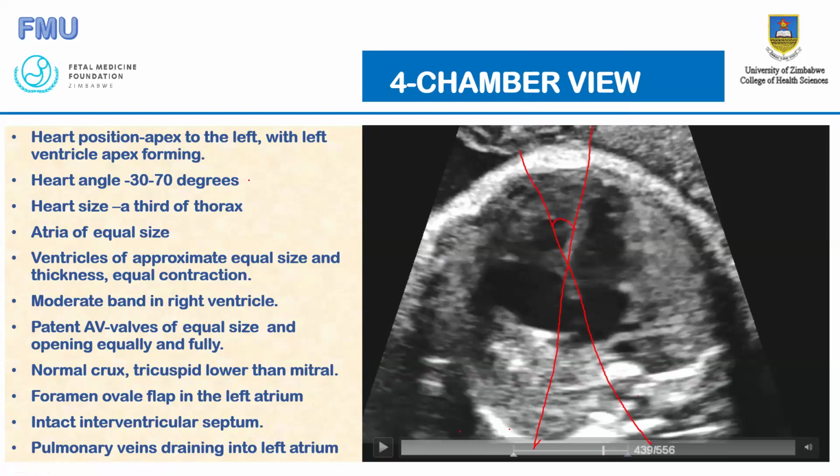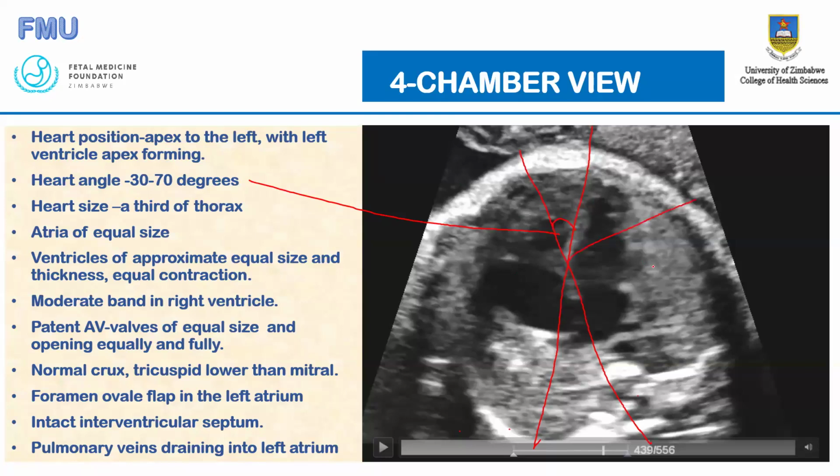So the cardiac angle should be between 30 to 70 degrees. If it goes below 30, then the heart is tilted towards the right. If it goes above 70, it will be like this.